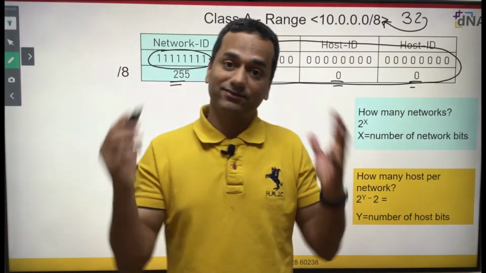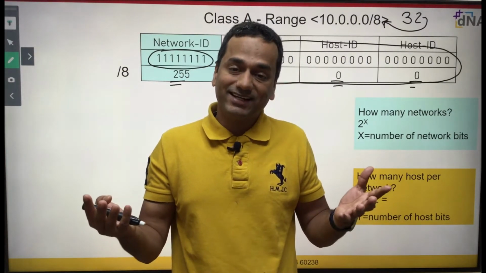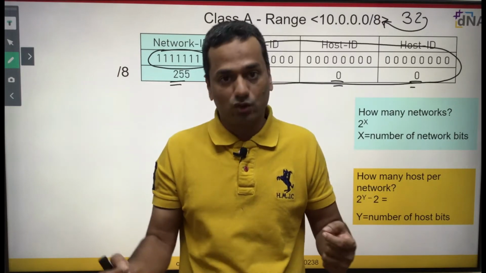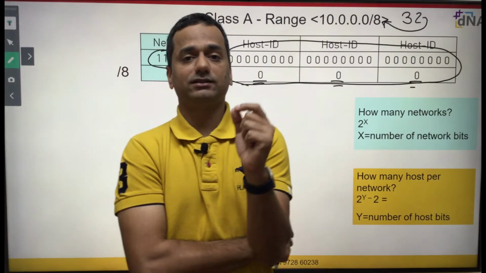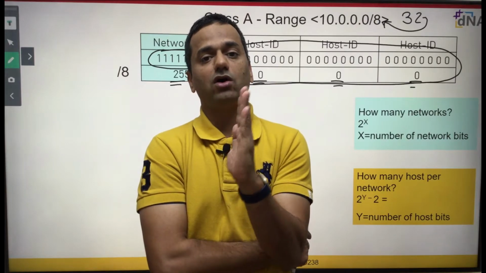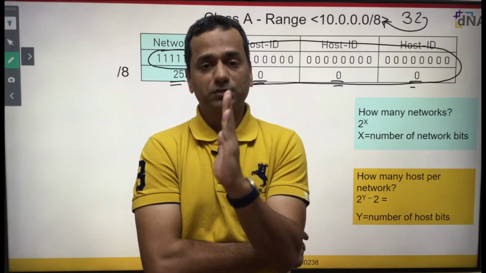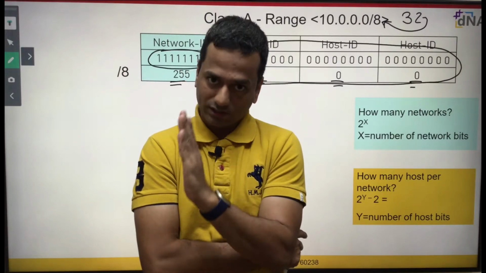Let's go and borrow 1 bit from the second octet. We now have 3 octets to borrow bits from in class A: the second octet, the third octet and the fourth octet. A few things I would like to repeat. When the host bits are all set to 0, it means the network ID. When the host bits are all set to 1, it means the broadcast ID.